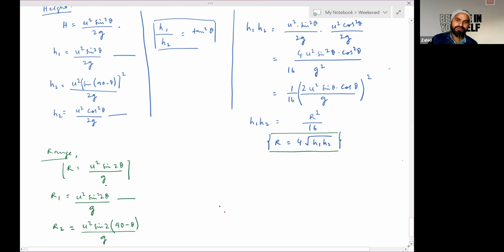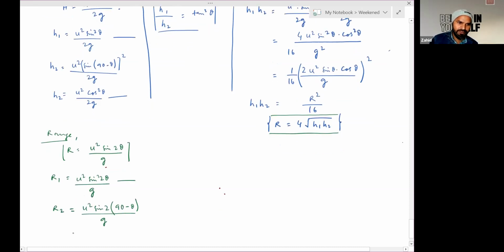If you expand it, with this 90 will become 180, and 2 times theta, so it will be 2 theta divided by g.